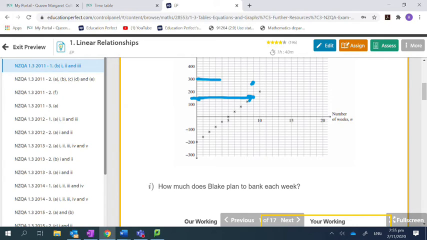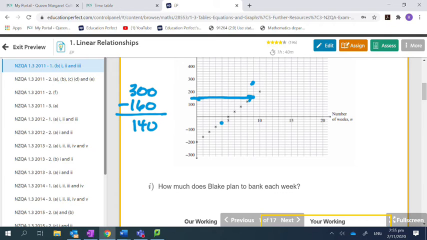Now, it's going to be consistent, which tells you that it's going to be linear, right? So if it goes up from this point from 160 to 300, what's 300 minus 160 make? 140. So that means if it's gone up 140 there, then what else? It's gone up 140 down here too, right?